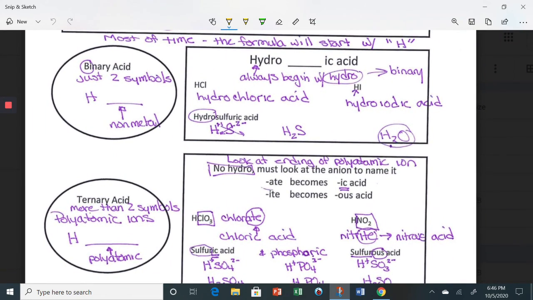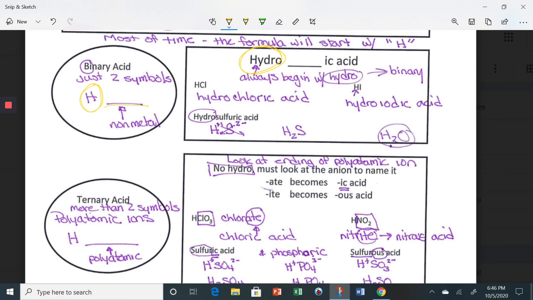So binary means you've got 2 symbols. One of them is going to be H when it's an acid. Okay, so this is one of the symbols followed by something else. Binary always starts with hydro. So if you ever see hydrochloric, hydrofluoric, hydrobromic, hydrosulfuric. Notice when it comes to acids, they keep the whole sulfur in there. They don't go sulfic.